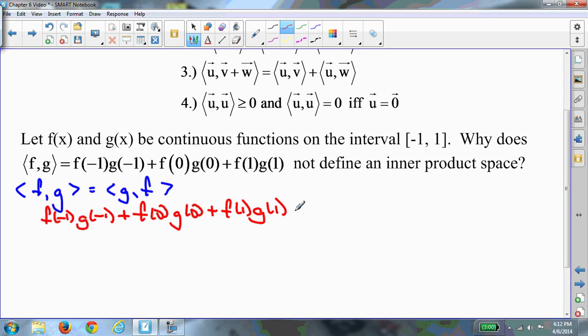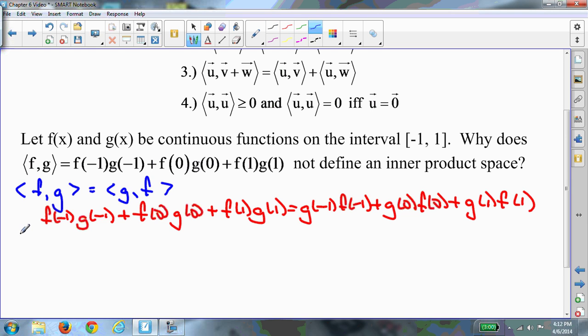But because multiplication is commutative, that would be the same as g(-1)f(-1) + g(0)f(0) + g(1)f(1). So obviously the commutative property holds.